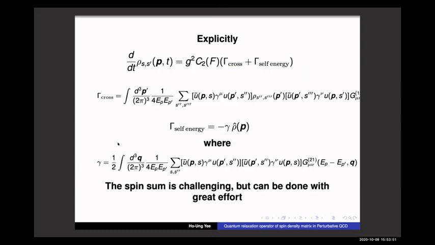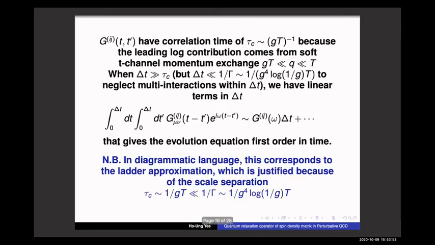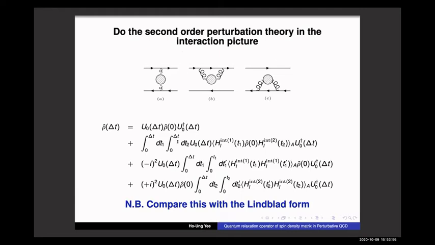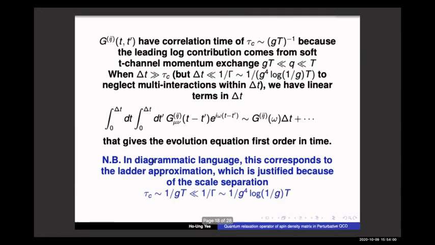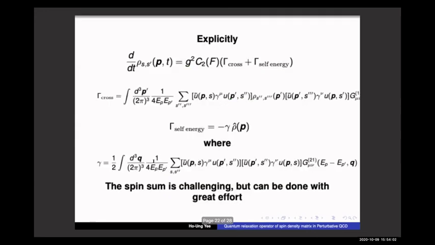So by working out this somewhat complicated looking expression more carefully, we can end up with these expressions. There are a lot of summations over spins, and that computation was quite challenging.